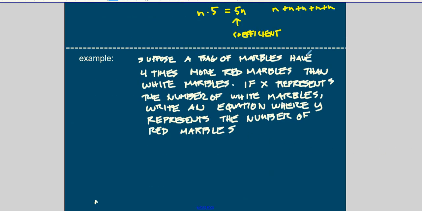Okay, the last example here. Suppose a bag of marbles has 4 times more red marbles than white marbles. If x represents the number of white marbles, write an equation where y represents the number of red marbles. So we know that x equals the number of white marbles.